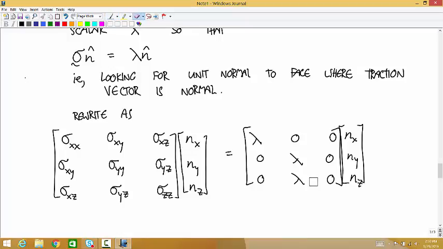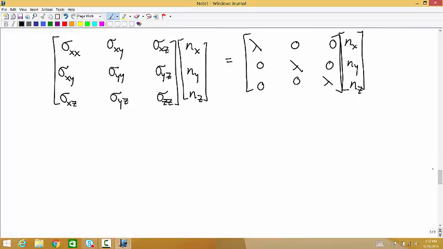Whoops. Sorry. Sometimes I write things that make me shake my head. Okay. So it's all diagonal. And now you can rewrite it. This is the last thing I'll write, and then we're done. So now you can subtract the right side from both sides. Move this over to the other side, and you get this equation. On the diagonals, you have sigma xx minus lambda, and then xy, xz, then xy.